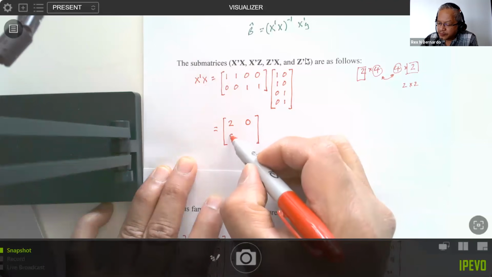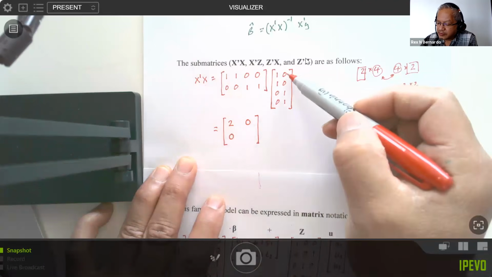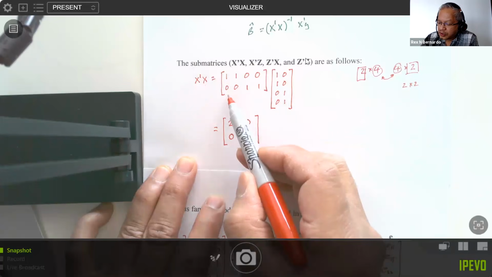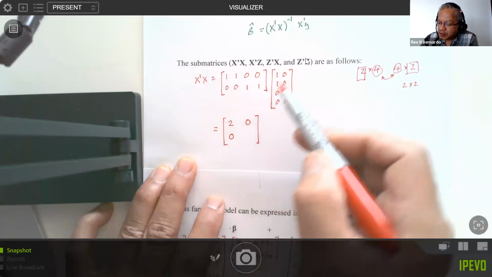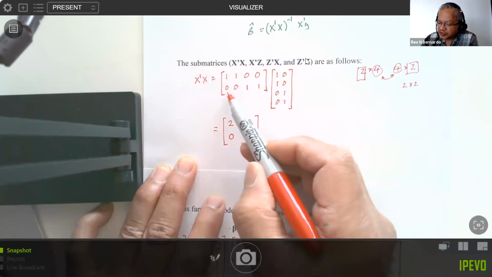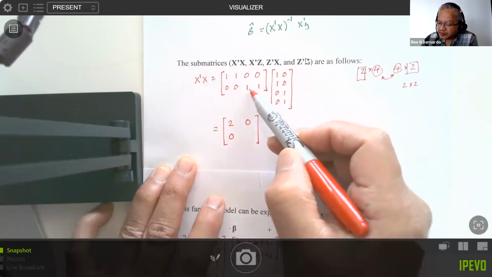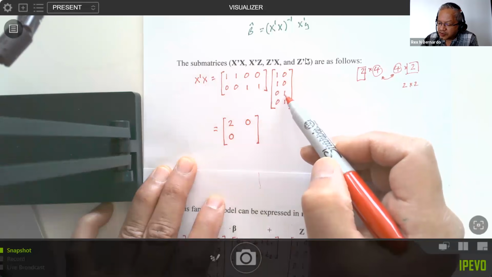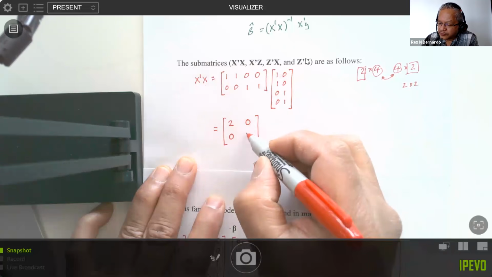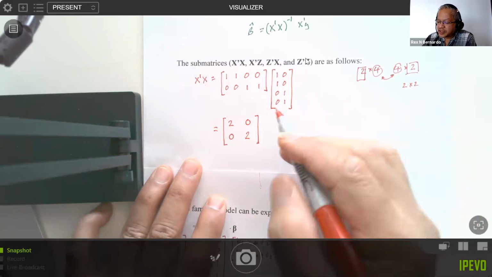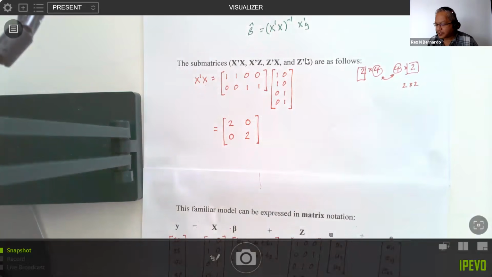I would get 0. And finally, for the last one, it'll be then row 2, column 2, that would be 0 times 0 is 0, 0 times 0 is 0, 1 times 1 is 1, plus 1 times 1 equals 2. This then is my X prime X matrix.